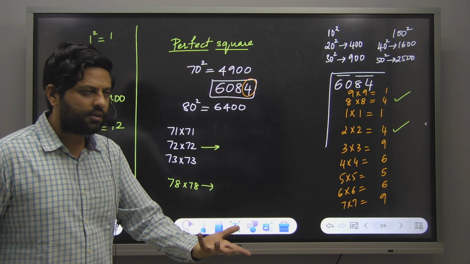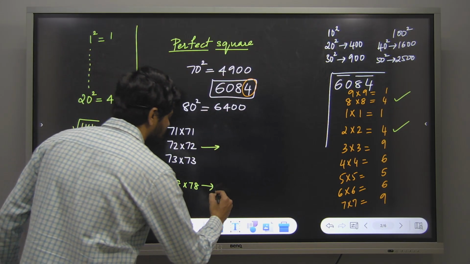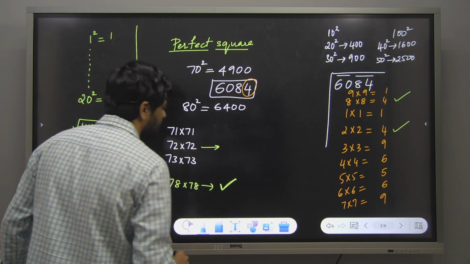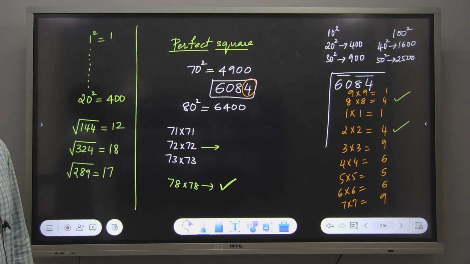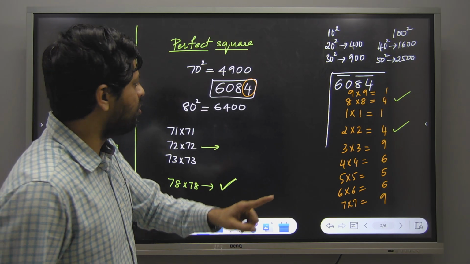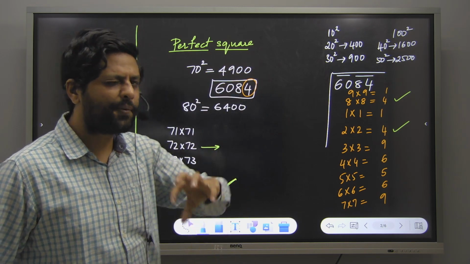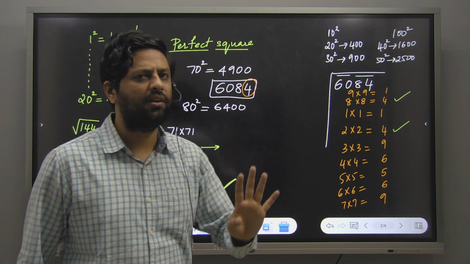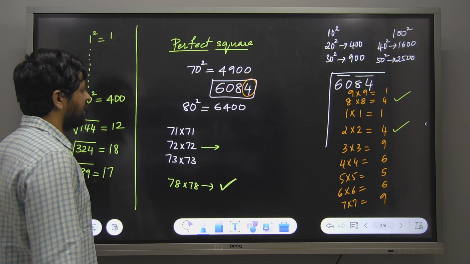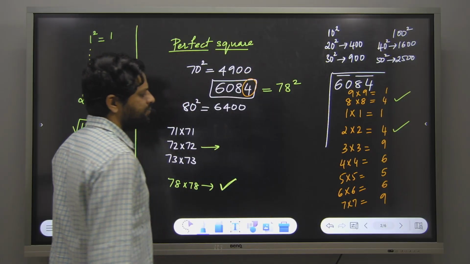It is closer to 6,400. So you can directly check 78 into 78. But this trick will work only if it is a perfect square. If it is not a perfect square, you can approximately reach the answer. So this is nothing but 78 square.